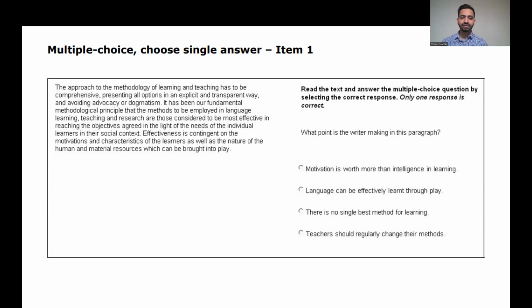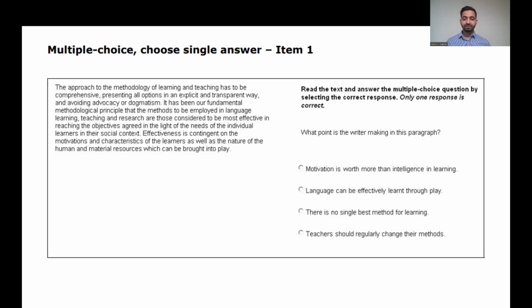I didn't see that anywhere, and so I'm going back to my options and analyzing them again. Now that I've read the passage, I can analyze my options. So that's not correct. That's not been given in the passage. The third one is: there is no single best method for learning.